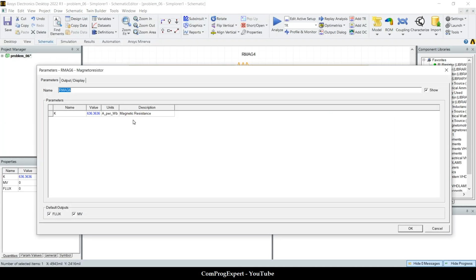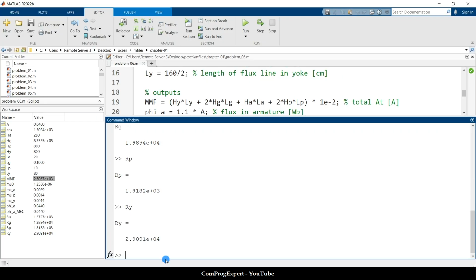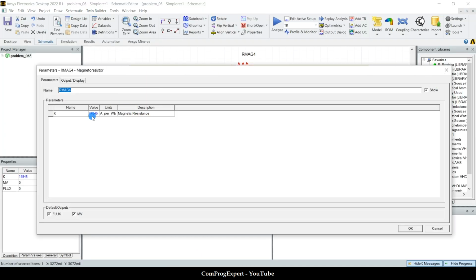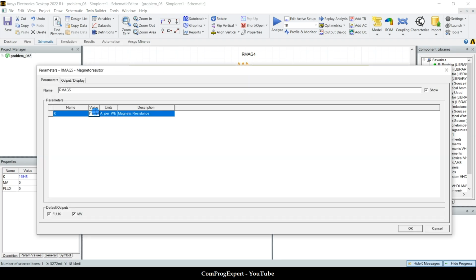the magnetic pole, here and here. Finally, the reluctance of the yoke is this one and this one.